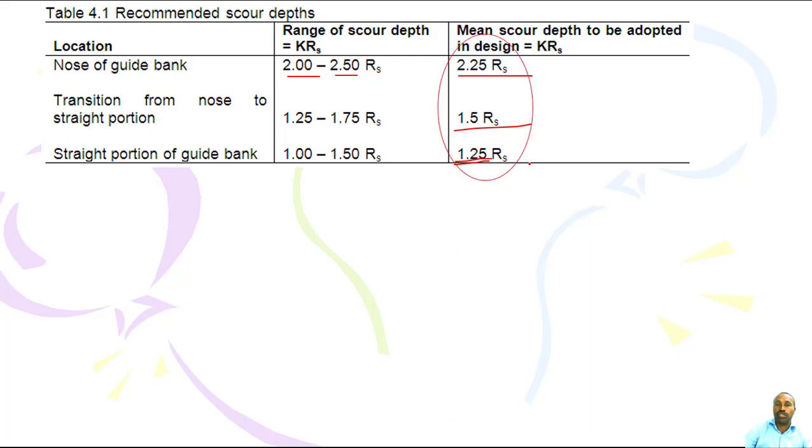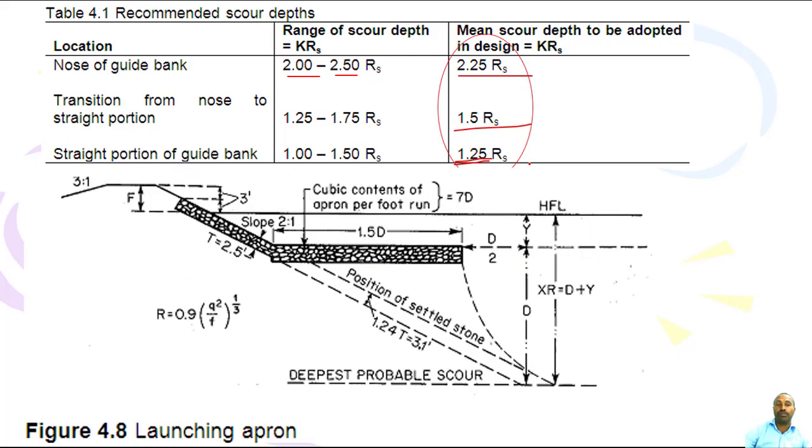So we are using these values, and then let us see. This is just the stone pitching, which is this one. Then you have 1.5D, which is the length of the apron. So this is HFL, so water is flowing on this one.